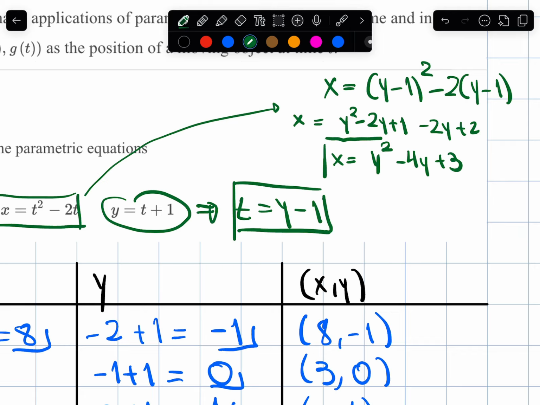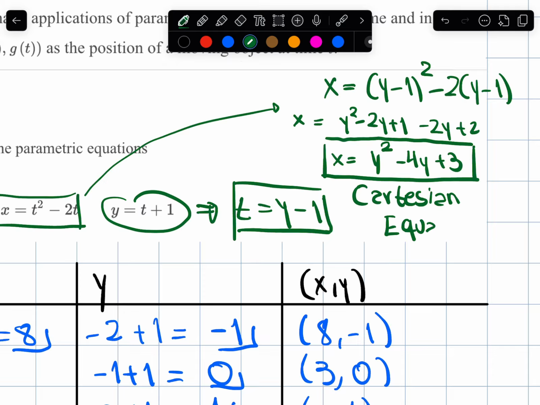And this is now a new equation where x is a function of y. There's no more t involved. So again, we call this a Cartesian equation, in contrast to the parametric equations.